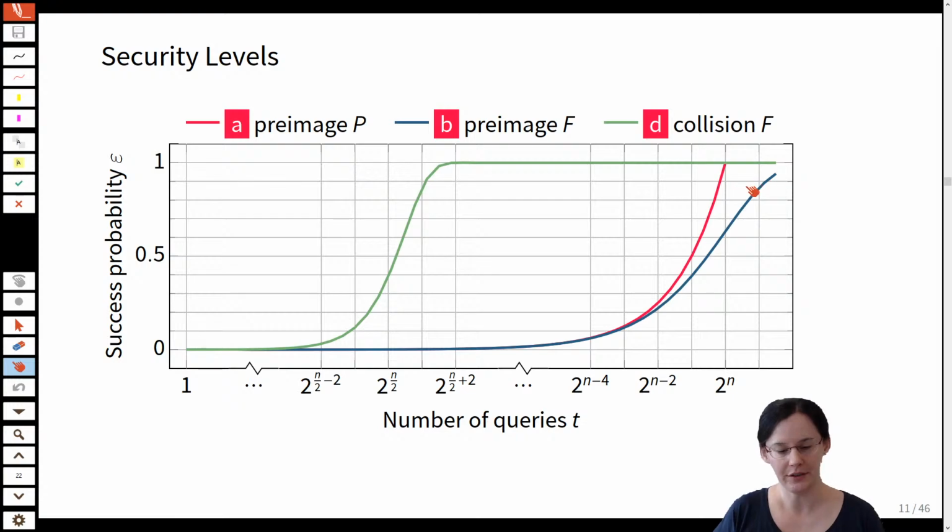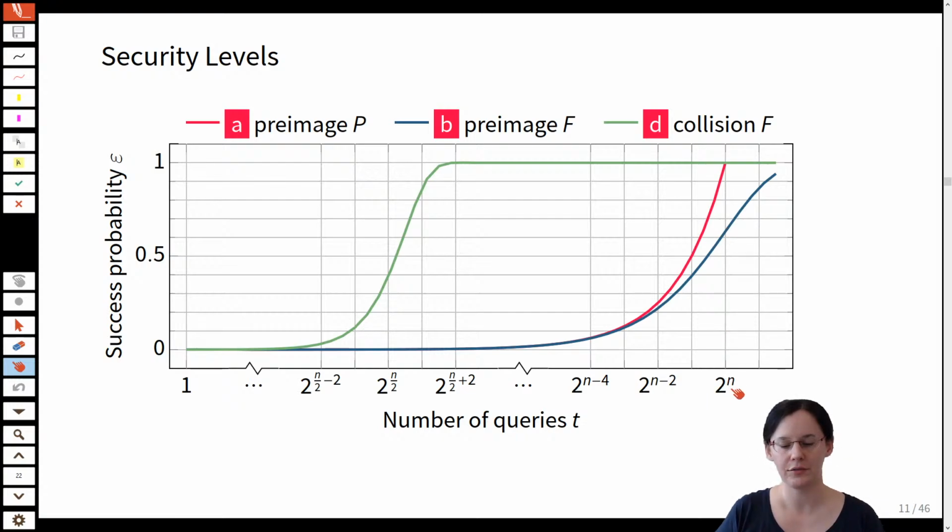It's a bit different if I'm trying to find a preimage of a non-invertible function, like a compression function f, because here I cannot simply try all possible messages until I hit the one that gives me the correct output. What I need to do instead is I can try many of them.